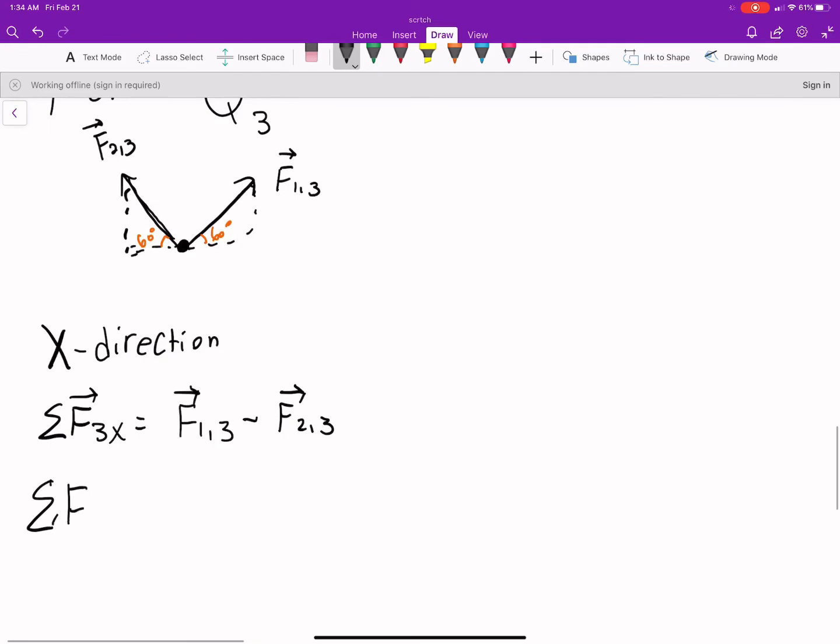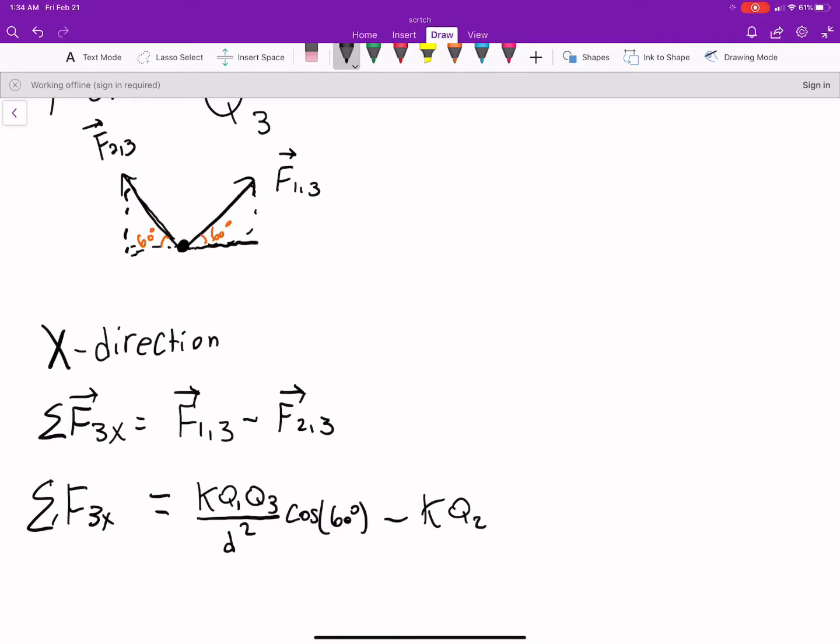So 1 onto 3 will be K, Q1, Q3, all over D squared. Let's see, we want this part, so we'll say cosine of 60 minus K, Q2, Q3 over D squared, also cosine of 60.